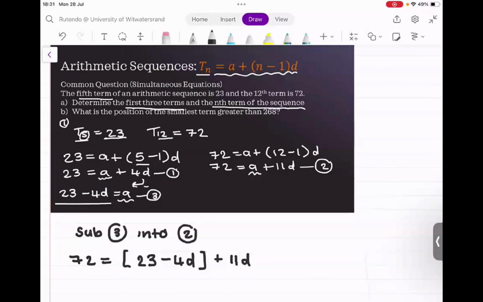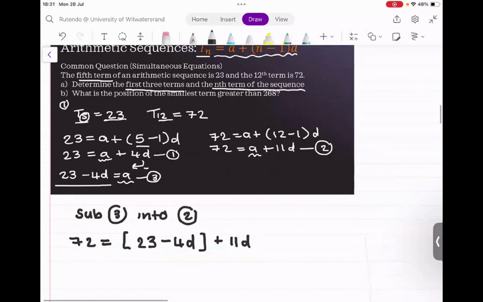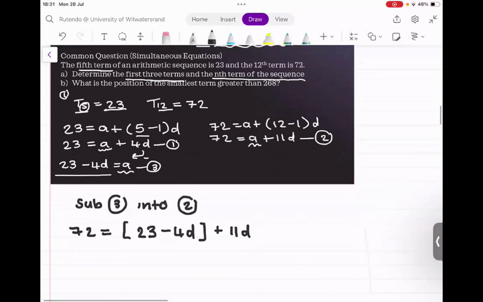Now, can you see we just have D's left in our equation? So we can solve that like a normal equation. We'll have 72 is equal to, there's nothing in front of this to give it a negative, so we can just rewrite it as 23 minus 4D plus 11D.